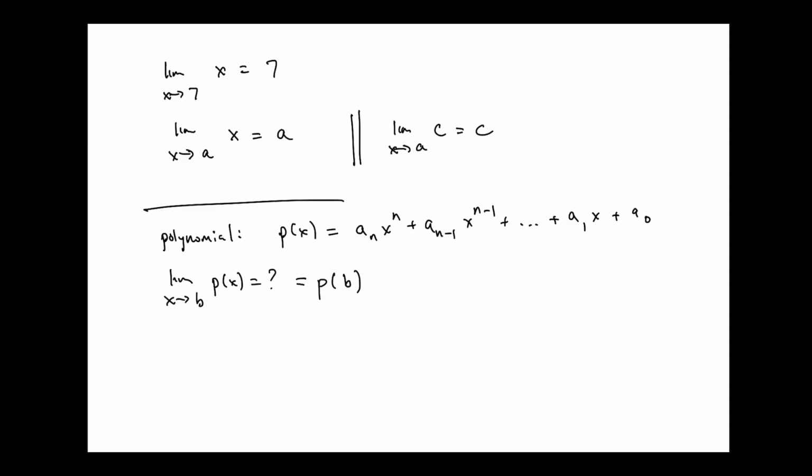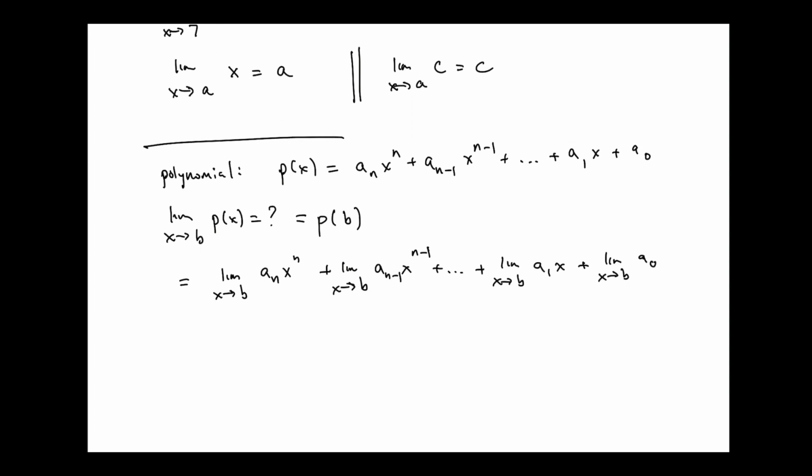Yeah. Okay. So I can do this by saying, what is the limit as x goes to b of a sub n x to the n, plus the limit as x goes to b of a sub n minus 1 x to the n minus 1, plus dot dot dot, plus the limit as x goes to b of a sub 1 x, plus the limit as x goes to b of a naught.